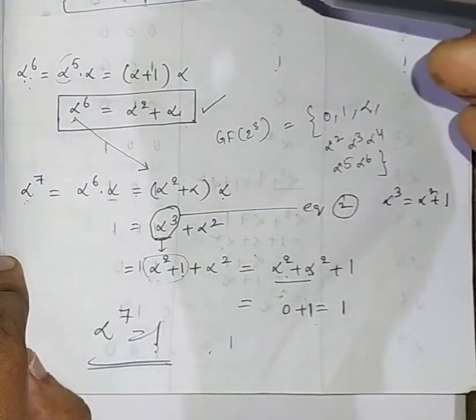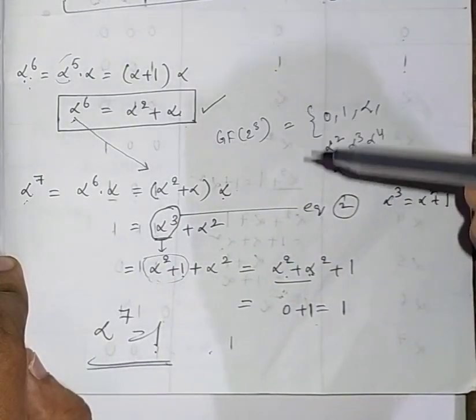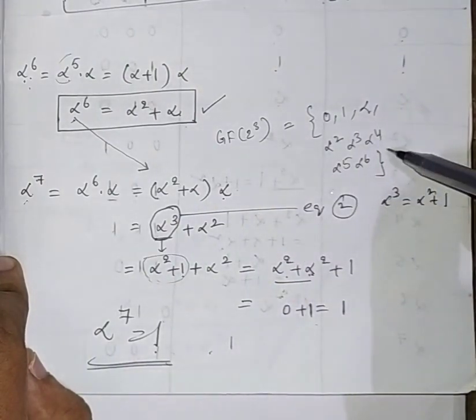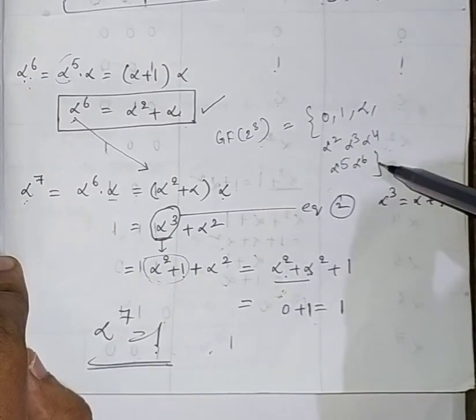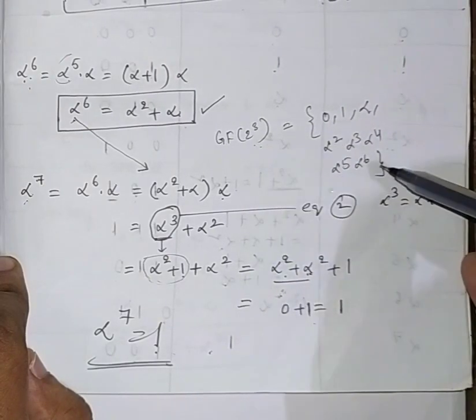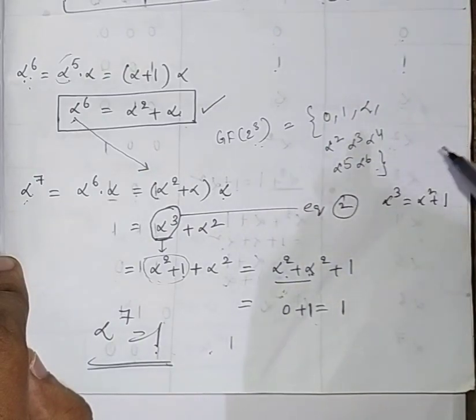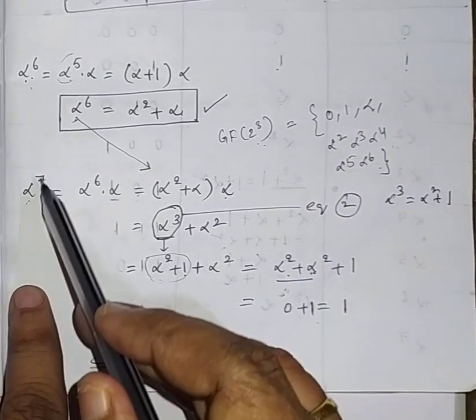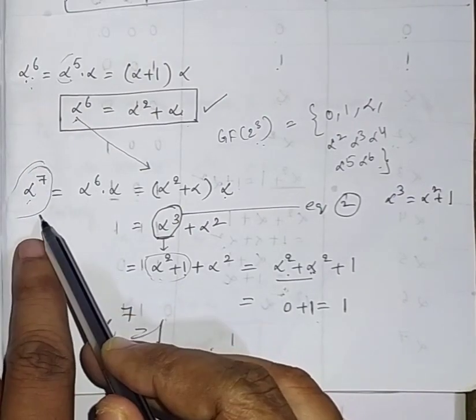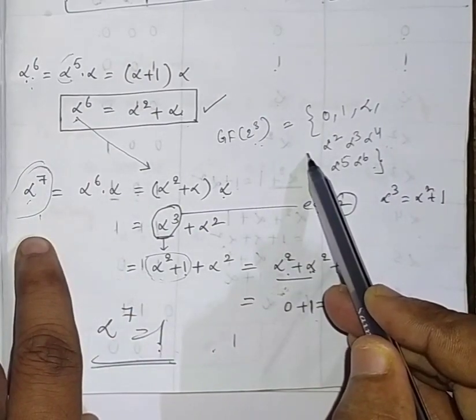In this way, we calculate all the values present in the Galois field 2 power 3. In the Galois field 2 power 3, we have 8 elements. All the 8 elements are calculated. Right. So now this alpha power 7 is not there in the Galois field of 2 power 3.